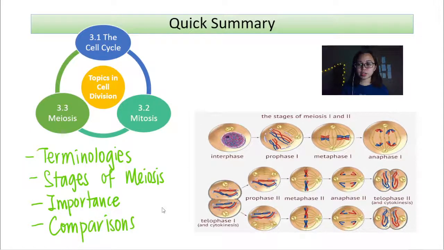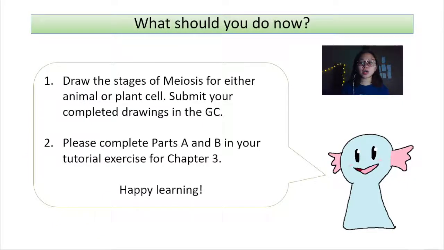Harap video ini tidak terlampau panjang. Okay, what should you do now? Now, I would like you to take your paper or your notebook or whatever, and please draw the stages of meiosis. You can choose if you want animal cell or plant cell. Dua-dua pun boleh, tapi pilih salah satu lah sebab saya tidak perlu kamu lukis banyak kali.